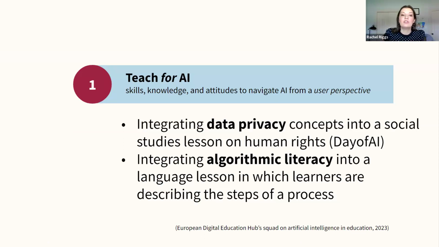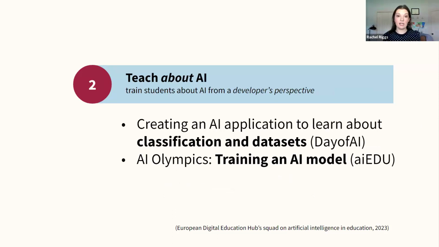So that is an example of teaching for AI. You could also integrate algorithmic literacy, an AI skill, into a language lesson in which learners are describing the steps of a process. So teaching for AI is really developing within learners their ability to use tools that use AI.